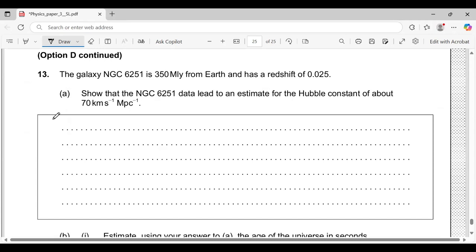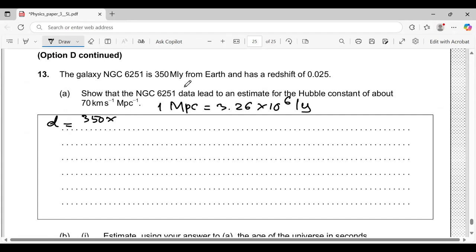So the first step, I will convert distance to megaparsec. One Mpc equals 3.26 times 10 to the power 6 light years.